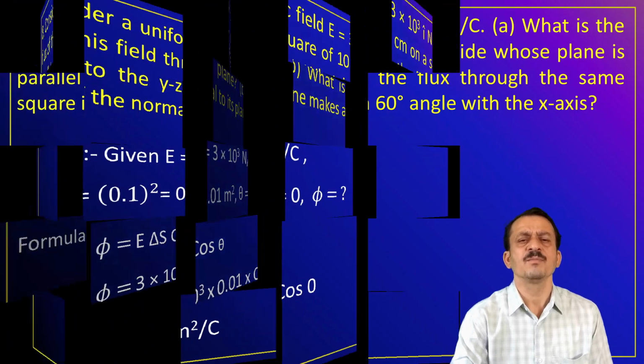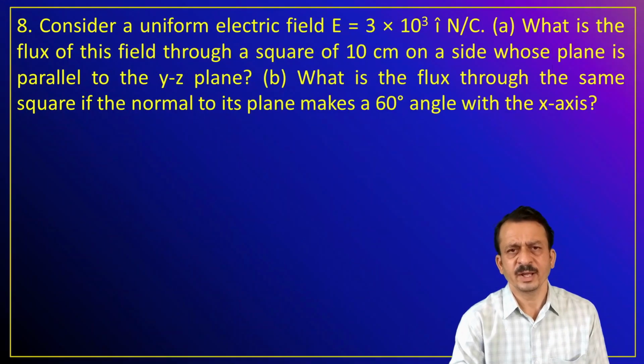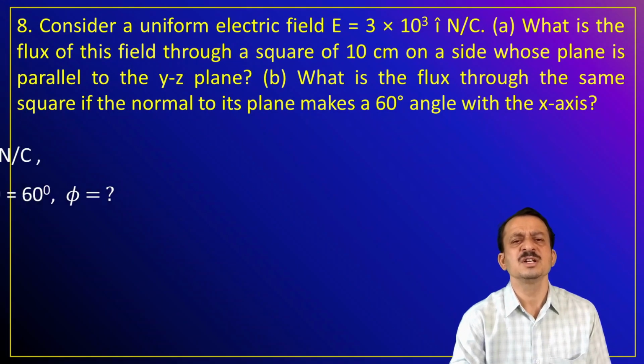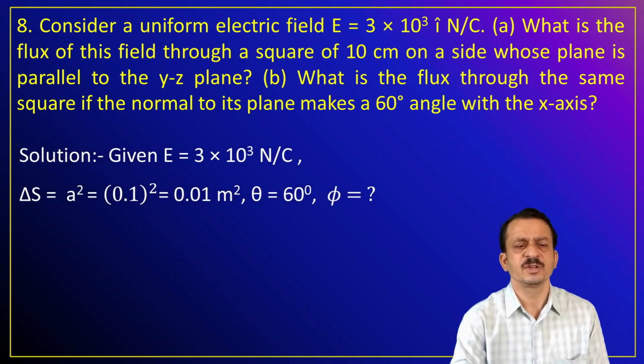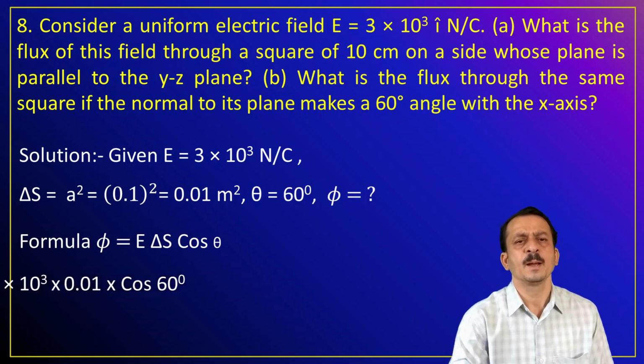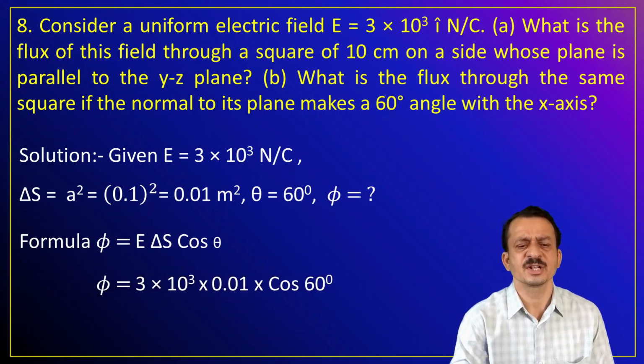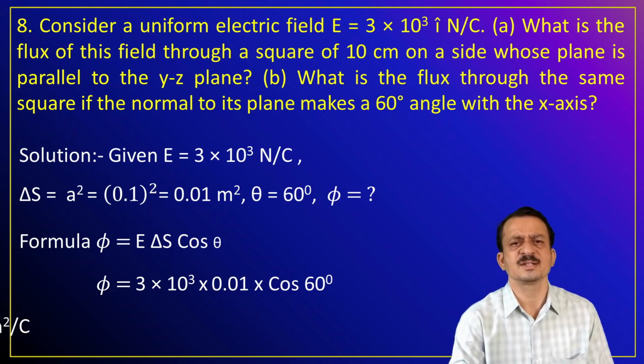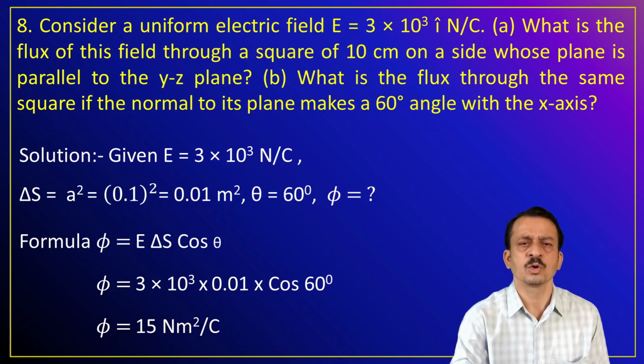In the next part, we are going to orient the plane by an angle of 60 degree. If theta is equal to 60 degree, then what is this flux? So simple formula. We have to substitute for cos 60. Cos 60 is known, it is half. Therefore, flux is 15 Newton meter square per Coulomb.